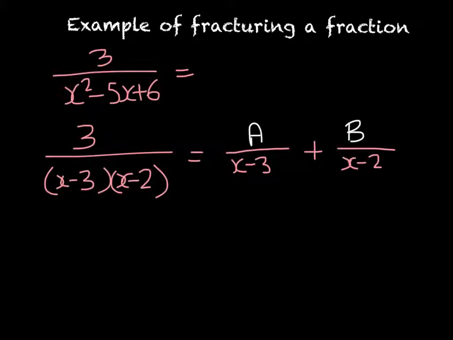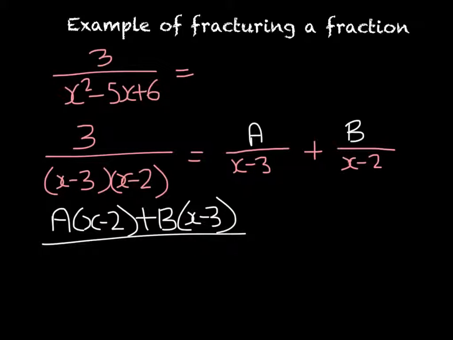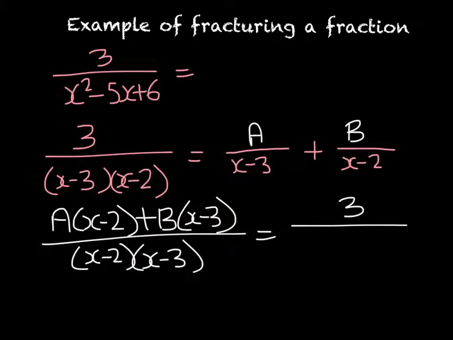So that would look something like a times x minus 2 plus b times x minus 3 over x minus 2 times x minus 3 equals our 3 over x minus 3 times x minus 2. So from looking at this, we know that this numerator is always equal to this numerator.